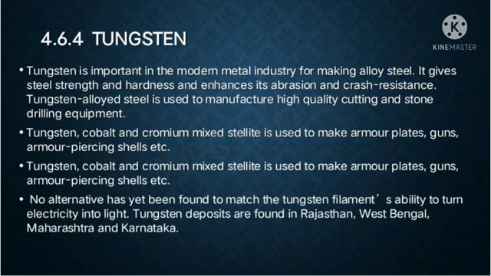Tungsten, cobalt, and chromium mixed stellite is used to make armor plates, guns, armor piercing shells, etc. No alternative has yet been found to match the tungsten filament's ability to turn electricity into light. Tungsten deposits are found in Rajasthan, West Bengal, Maharashtra, and Karnataka.